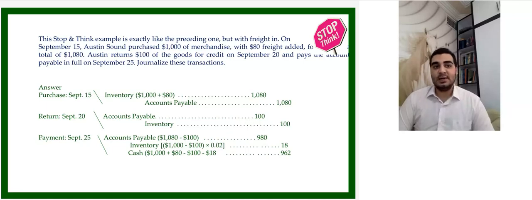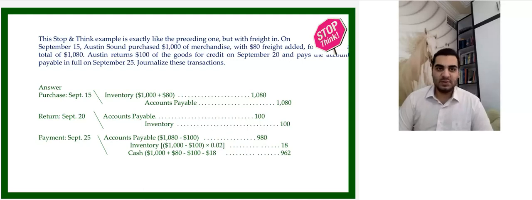Then Austin Sound returns $100 of the goods for credit on September 20th and pays the accounts payable in full on September 25th. Journalize these transactions. The answer is three separate entries. The first one is for the purchase, the next one is the return, and finally we have the payment.